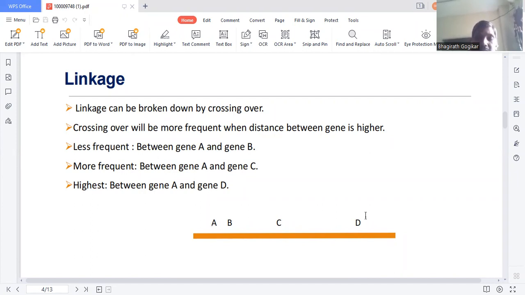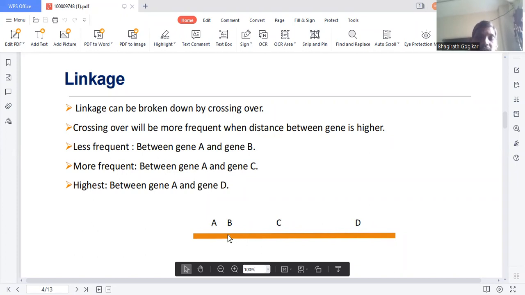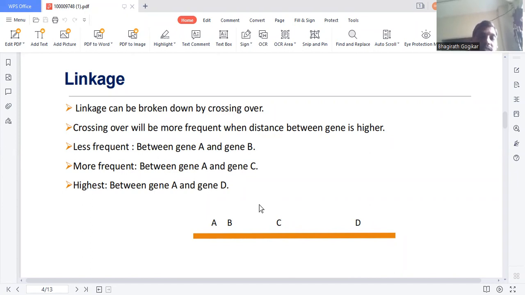But the A and D genes are far away compared to A and B, so there is a greater probability of separating the A gene and D gene. Observe here that the A and D gene distance is more.